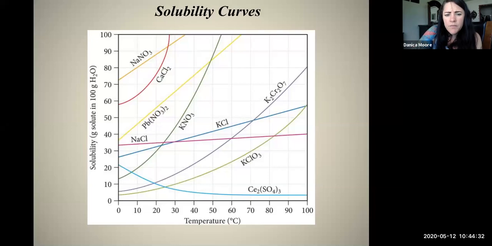all right, so one thing I want to get into is talking about solubility curves. When we're talking about whether or not something is soluble, we have this representation called a solubility curve. I'm going to go back to the slides that we just skipped in a second, but I want to introduce this right now when we're thinking about delta H of solution.